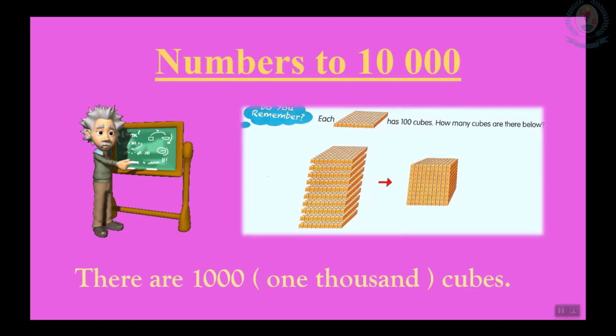That means 100, 200, 300, 400, 500, 600, 700, 800, 900 and how much? 1000. After 900, 1000 is coming. That means in here altogether 1000 cubes are there.